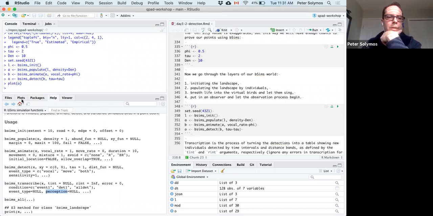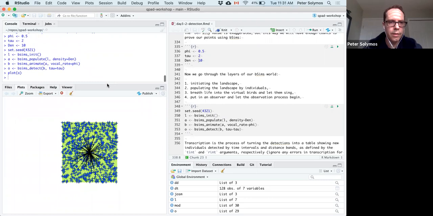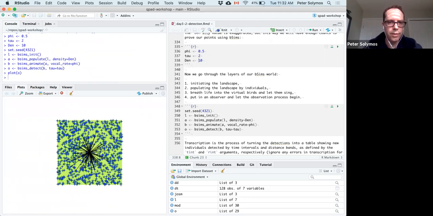I have a really crowded landscape that looks like this. Wow. So you see now not just the nest locations, but also the dots, which means some behavior, at least vocalizations, happened, not really movement because we haven't specified any movement there.